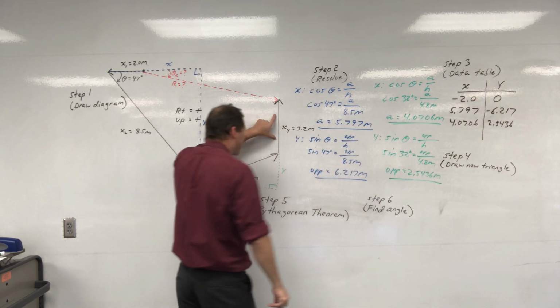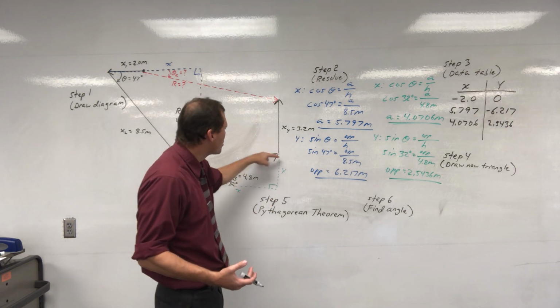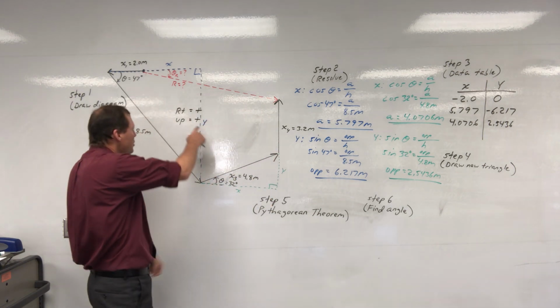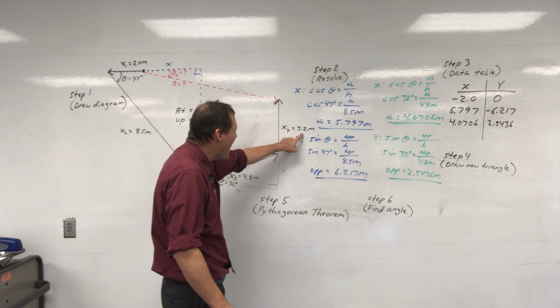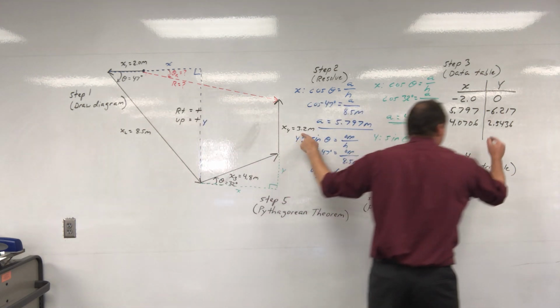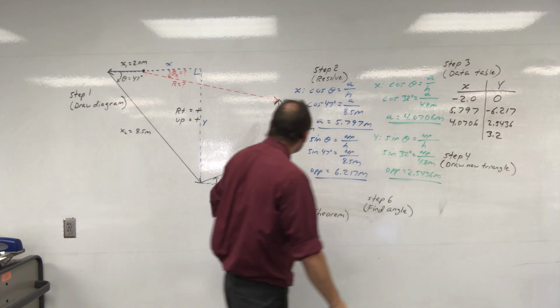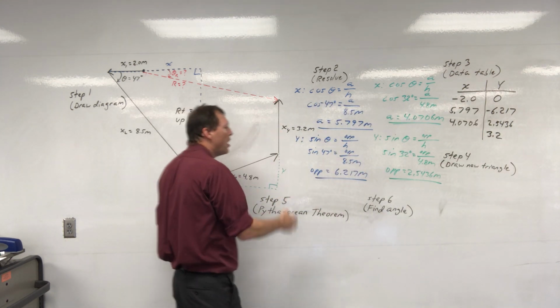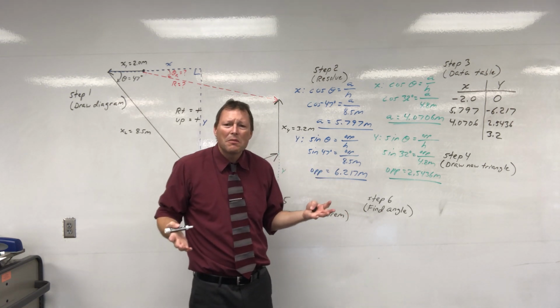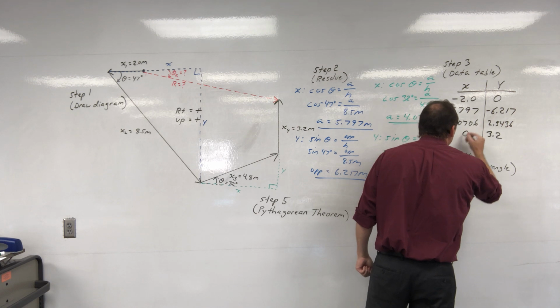Now the last vector is all vertical, so that makes things easy for me. It's going in the up direction, so I made up positive, so I'm going to put a positive 3.2. Remember, it's vertical, so a positive 3.2. And then there's no horizontal part to this at all. So again, just to make sure I deal with everything, I'm going to put a 0 in there.